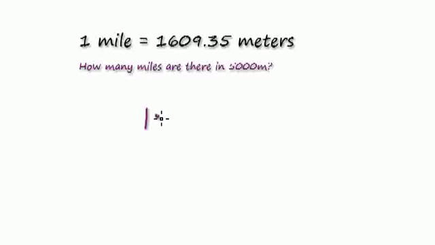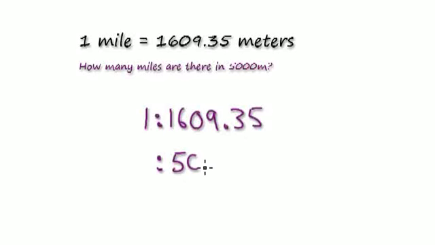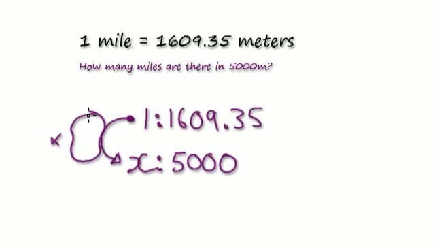Okay. So start by doing this, as I said before. On this side, and then on the right hand side, you want to get to 5,000, and you want to know x, the miles here. So you want to get from the 1 to the x. So you need a multiplier here. Get that multiplier from here.